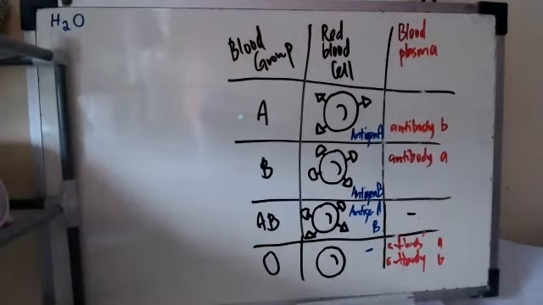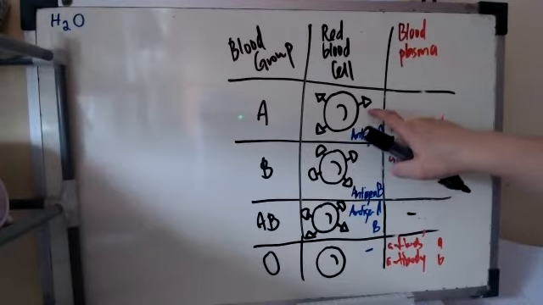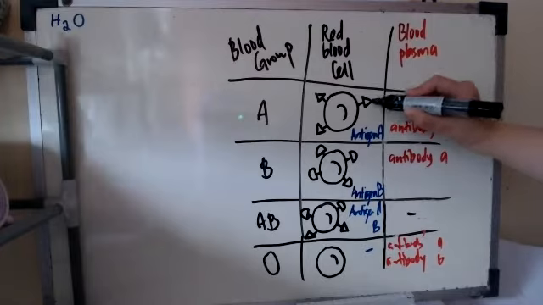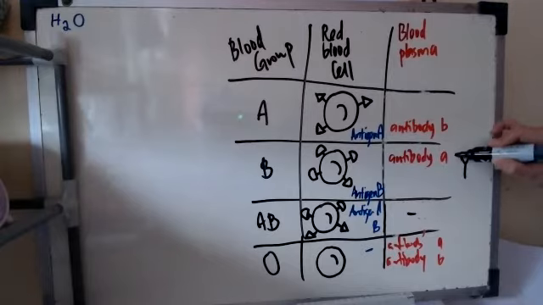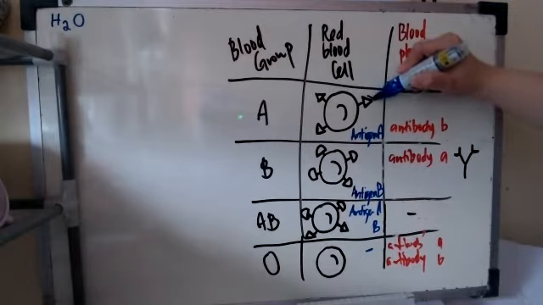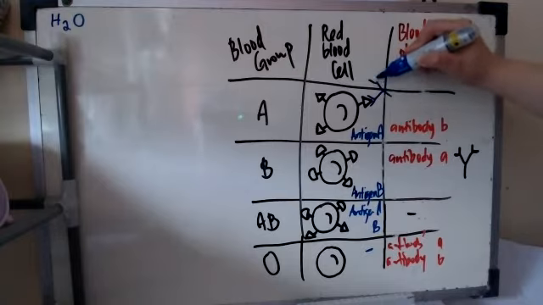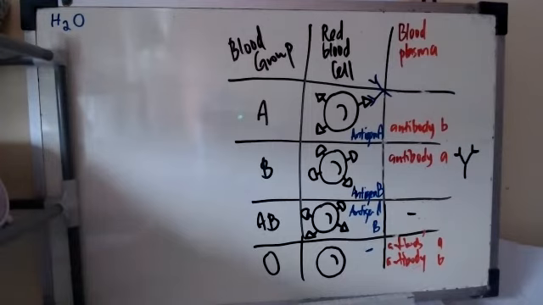Just in case you don't quite understand what is happening, say we have antigen A. Antigen A is triangle in shape, right? Antibody A would look something like this, with a shape that is able to bind to this. Okay?